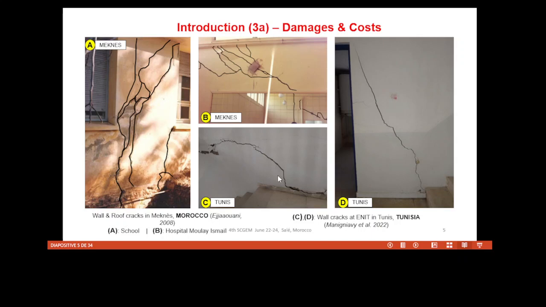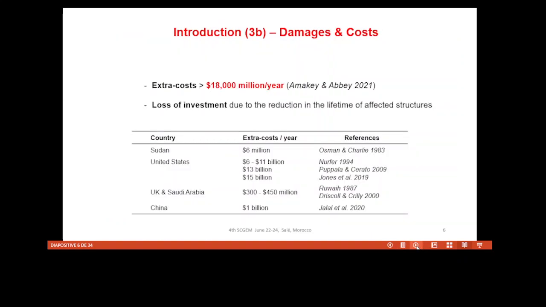And the second example comes from Tunisia, in Tunis, at the National Engineering School of Tunis. We can see also cracks in the walls and in several directions. And so the damage costs a lot, as we can see on the next slide.